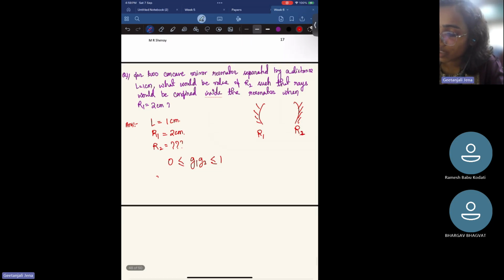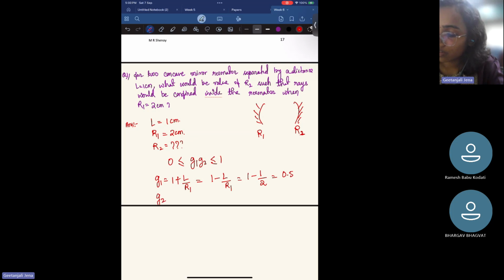And G1, G2 values you can easily calculate from this form. G1 is 1 plus L by R1, and for a concave mirror it is 1 minus L by R1. So L is already given, it is 1 and R is 2. So this means this is 0.5.